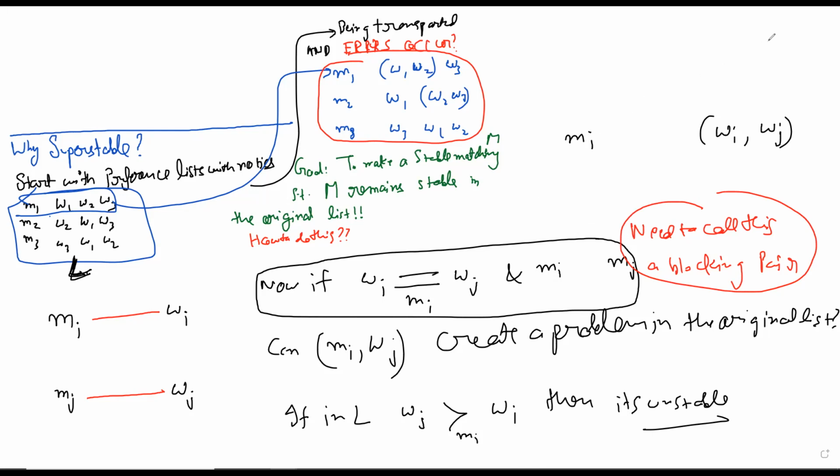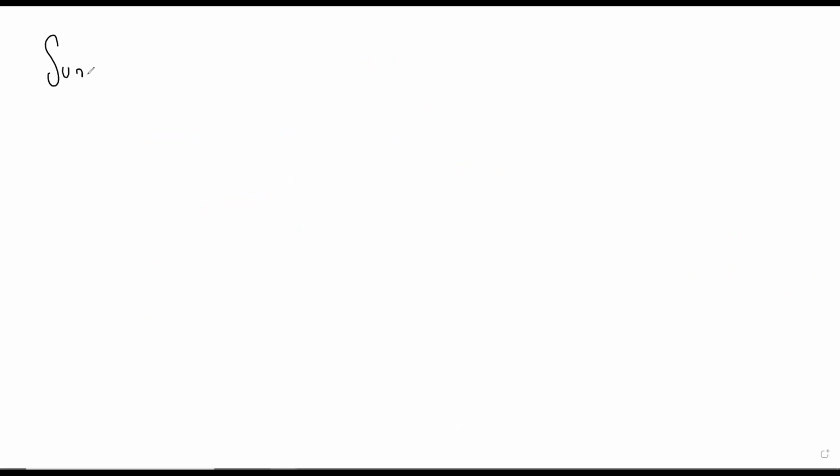Okay, and think about it. So in summary, initially we have n men and n women, no ties.